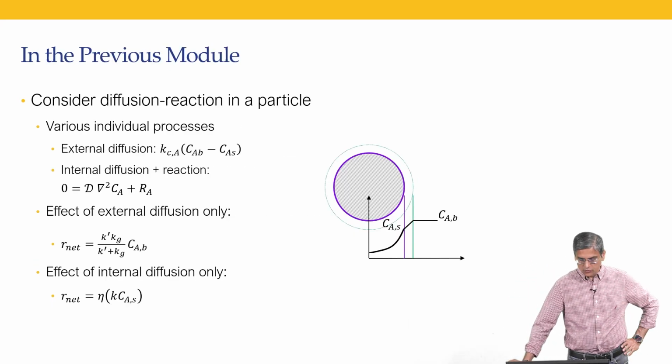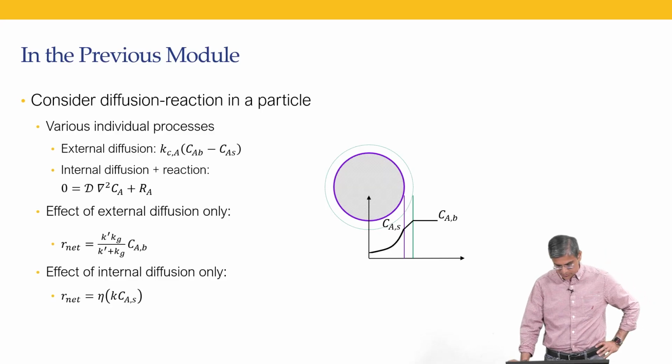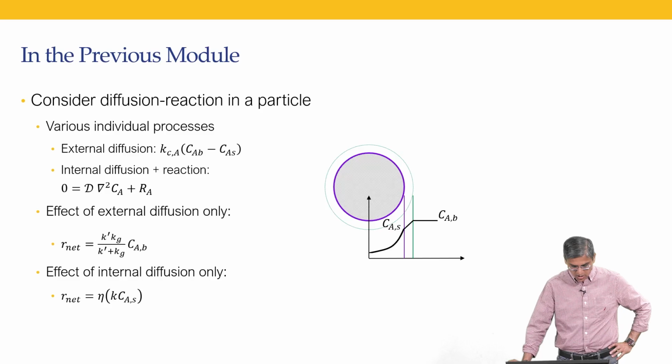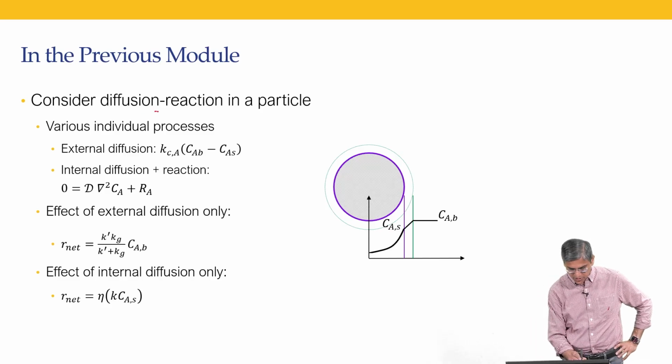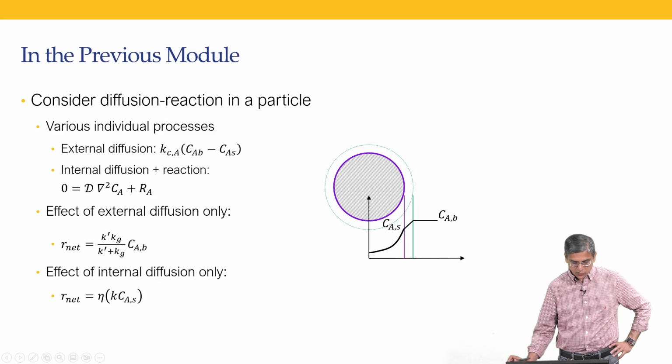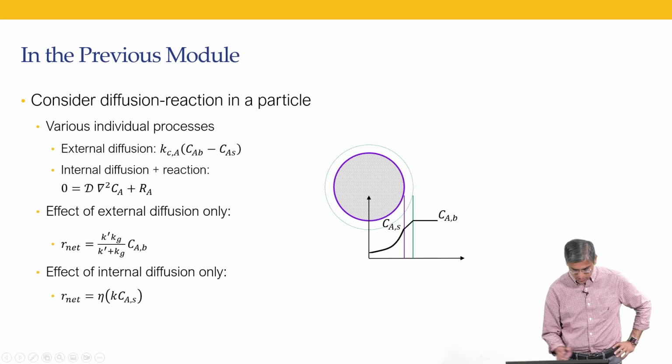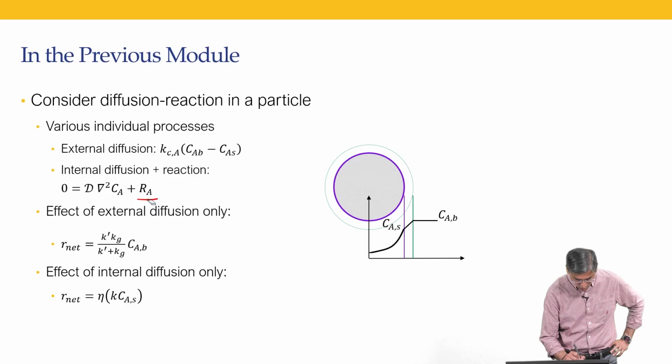So, what did we do in the previous two modules? We considered diffusion and reaction taking place within a particle. Within a particle there was external diffusion, there was internal diffusion plus reaction, and we talked about how to handle all of those cases.